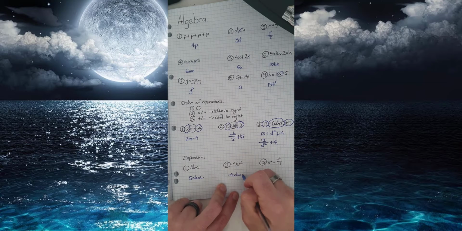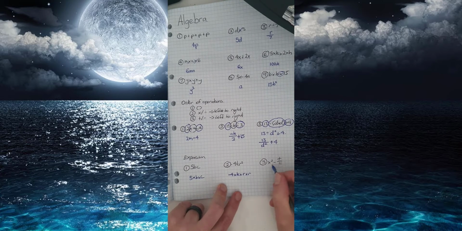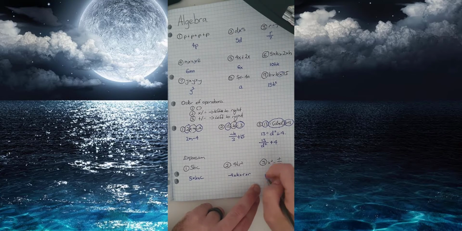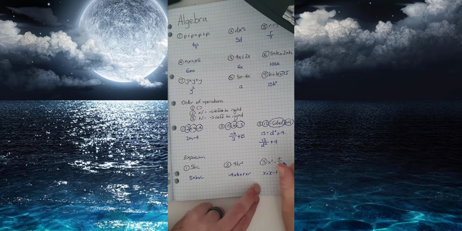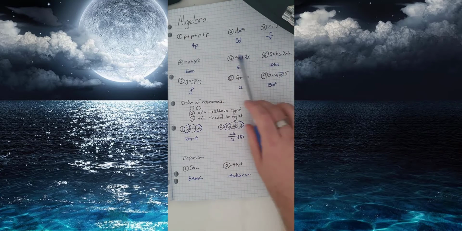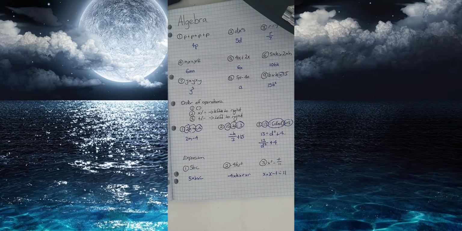So we would go times r times r. Now coming over to this last one, x to the power of 2, x is being multiplied by itself twice. So x times x, minus t divided by 11. So once you understand how to do this step, the expansion is very, very simple.